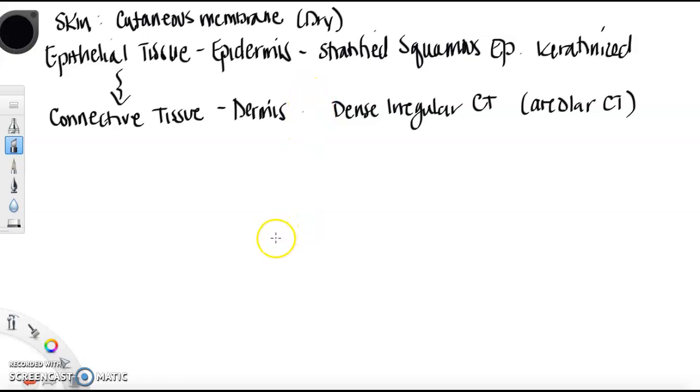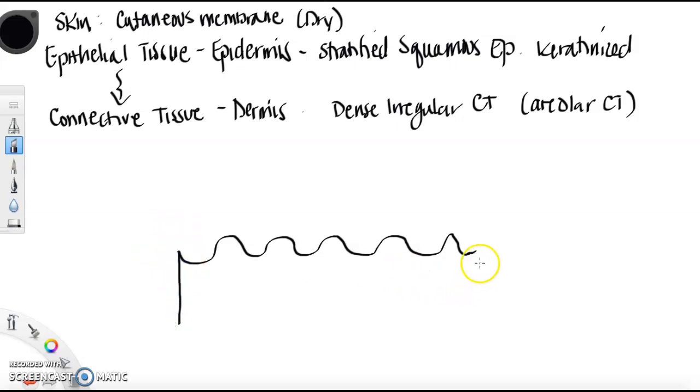So the skin, or the epidermis, if we start there, I try to draw it here. It has layers to it, okay? So the bottom of the epidermis is here.